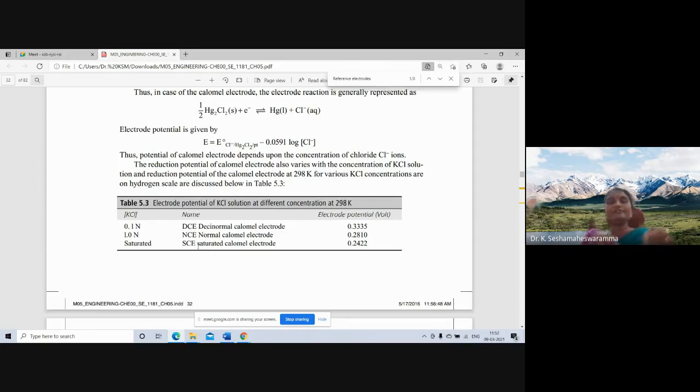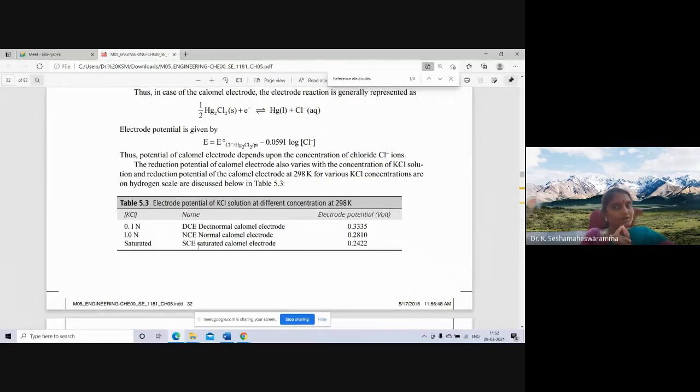Unsaturated means if we are adding potassium chloride to the liquid, it keeps dissolving. Saturated means once the solvent has dissolved as much as it can, whatever excess we add will remain in the solid state. It will not dissolve. That is saturated.